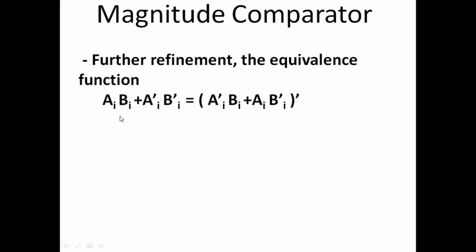We can write that Ai bi plus Ai prime bi prime is equal to (Ai prime bi plus Ai bi prime) whole prime. This is the exclusive OR operator, and we can reuse these terms, as terms like this have been used in the Boolean equations of the magnitude comparator.